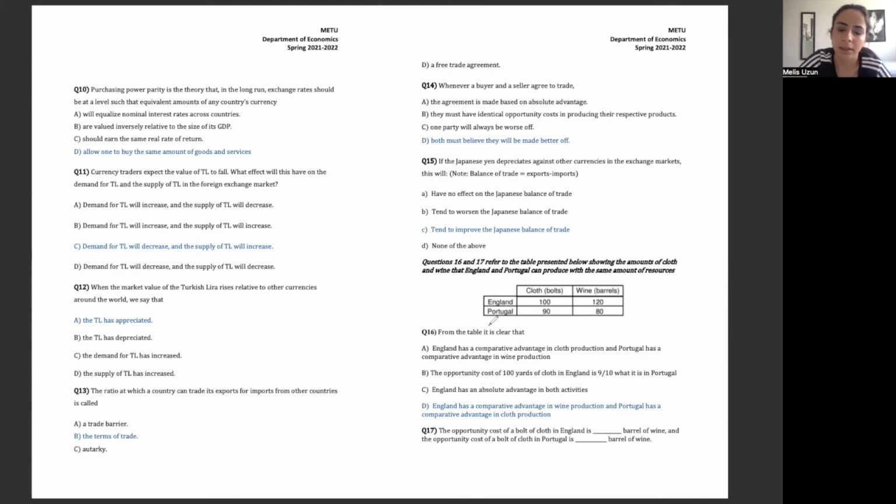Let's look at question 16. Questions 16 and 17 refer to the table presented below, showing the amounts of cloth and wine that England and Portugal can produce with the same amount of resources. Question 16 wants us to find which country has a comparative advantage in which good.